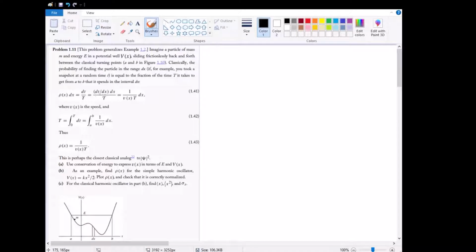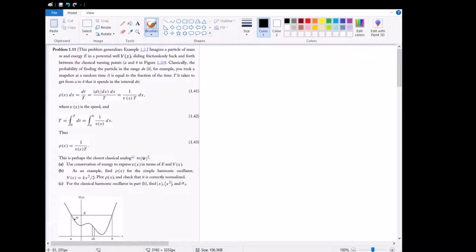And then we use some algebraic manipulation in order to get this expression in terms of x. Since we want a probability distribution in terms of x, what we do here is multiply the numerator by dx over dx, and move the dx in the denominator of the multiplication chain into dt. This gives us the inverse of velocity, so the velocity moves down, and now we get 1 over v of x times T times dx, and T here is just the total time.